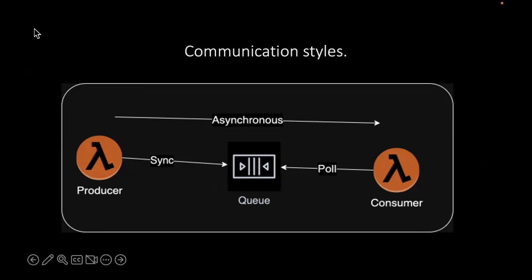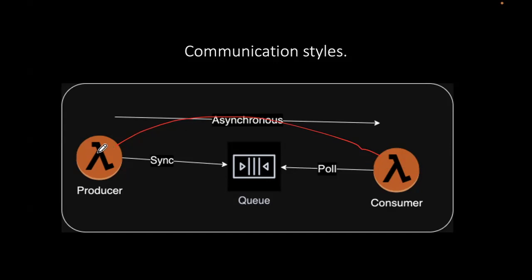Rather than interacting with one another directly, the lambda on the left puts the data that it wants processed into the queue, and this lambda, via the lambda service as we know now, polls the queue periodically for data and does its processing.